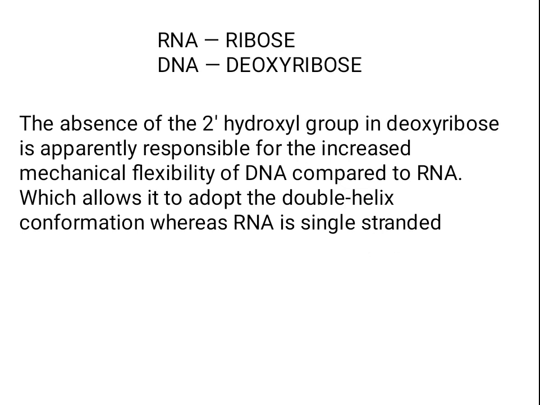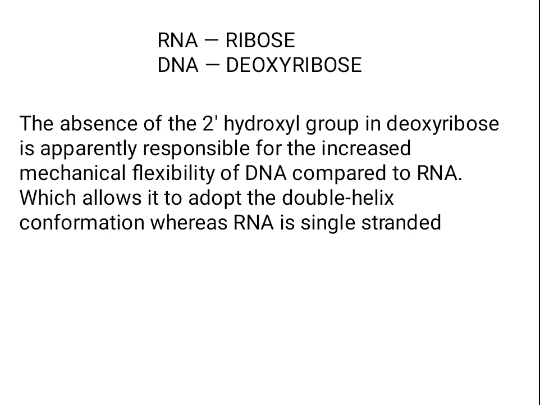In RNA you will get ribose, in DNA you will get deoxyribose, and there is a convenience of this deoxyribose in DNA. The absence of the 2-hydroxyl group in deoxyribose is apparently responsible for the increased mechanical flexibility of DNA compared to RNA.